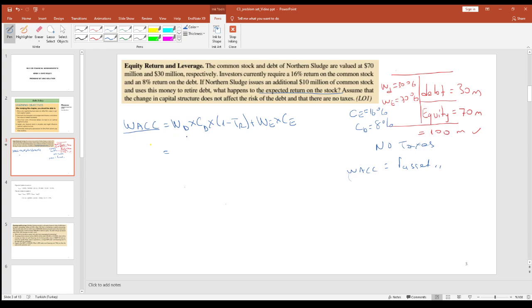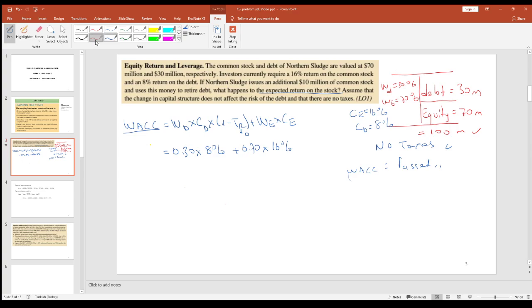So let's calculate it. The weight of debt, as you see from here, is 30%, 0.30. Cost of debt is 8%. There are no taxes by assumption, so the tax rate is 0 and this will not be affected. Weight of equity is 70% and cost of equity is 16%.